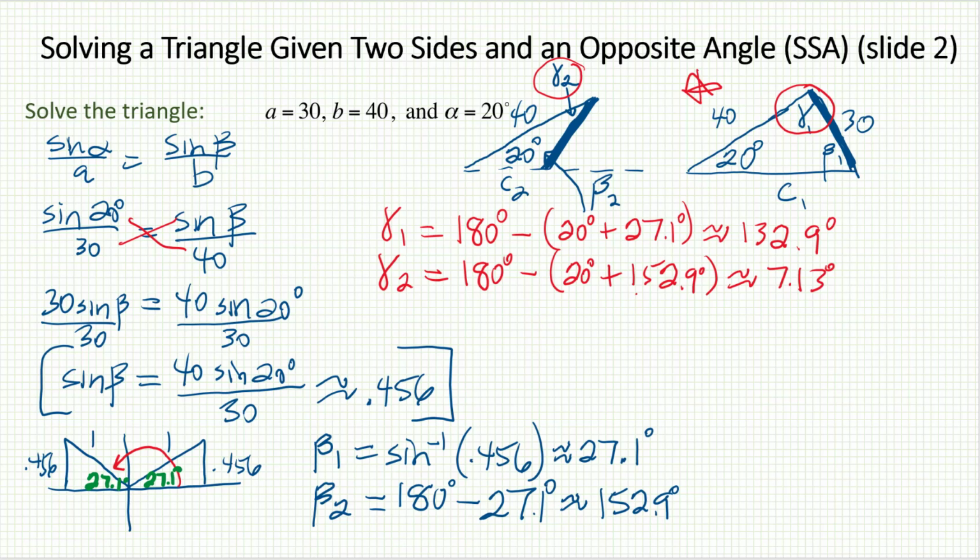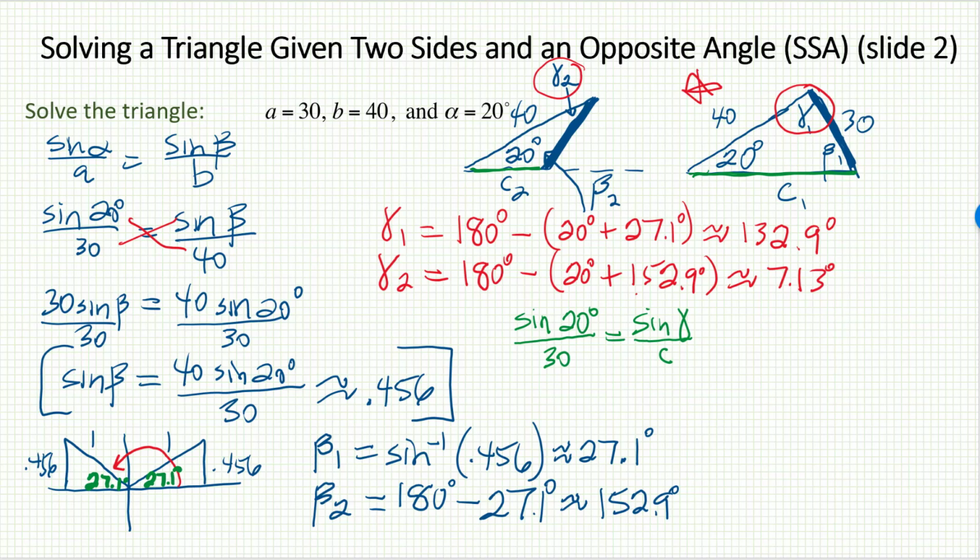Okay, so we know all the angles. All that's left is to find side C, the two different versions. Obviously, this one is going to be a little on the longer side, and in this triangle, it's a little shorter. How will I do that? I'll have to use the law of sines. I still have that complete pair, sine alpha over A, so I can still say sine 20 degrees divided by 30, just like we did before. And that's going to be equal, from the law of sines, to sine gamma, whichever gamma I'm talking about, divided by C. Let's do the algebra, and then we'll fill in our two parts.